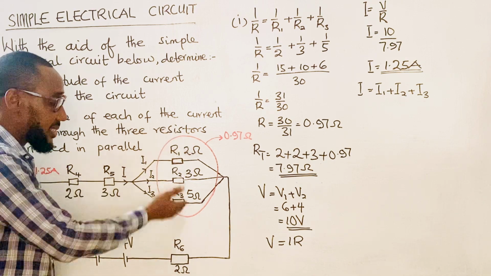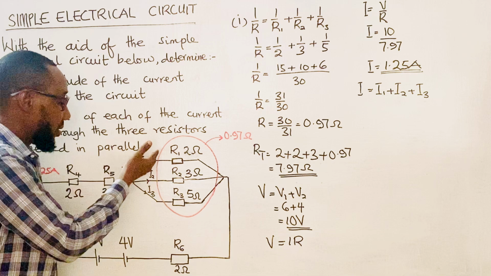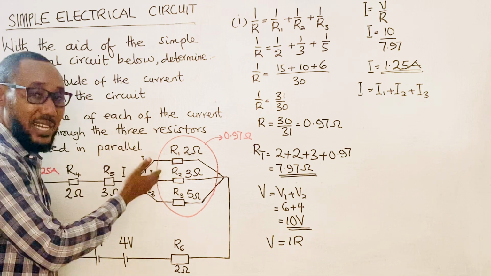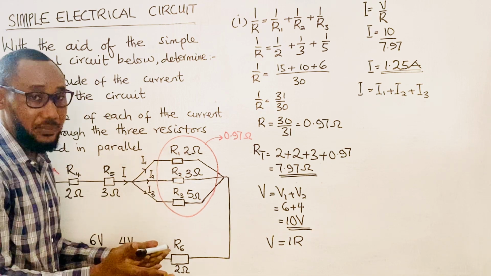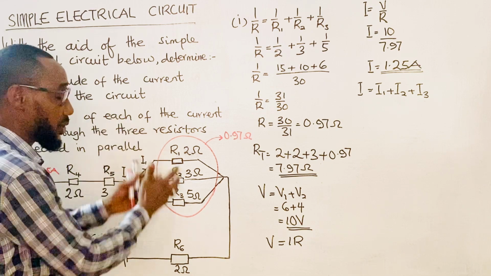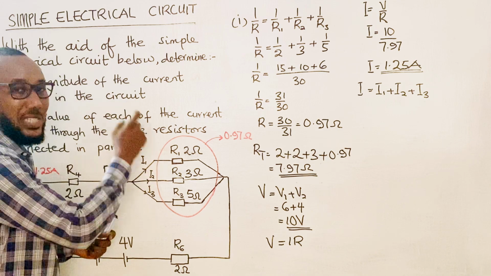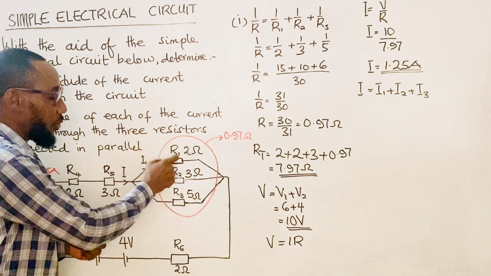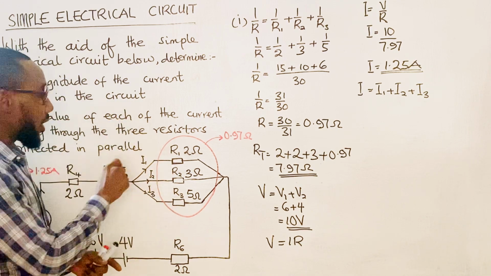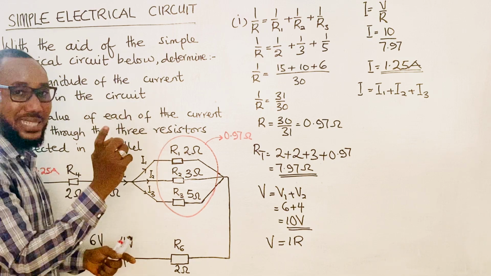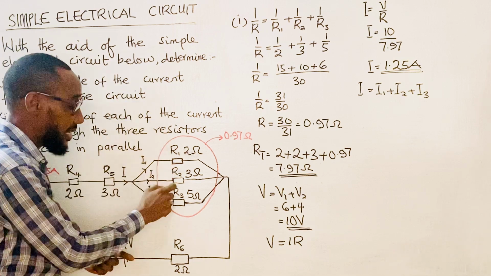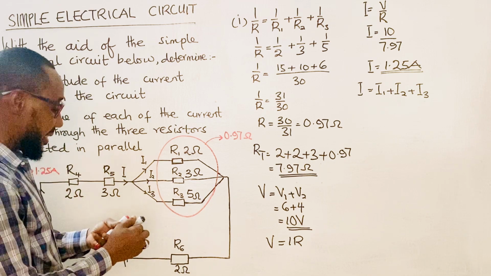Because the resistors have different resistances, the values of the currents passing through them will not be the same. So we are asked to find the value of each of the currents that each of the resistors is taking. Out of this 1.25, how much is each of them taking? That is the task.